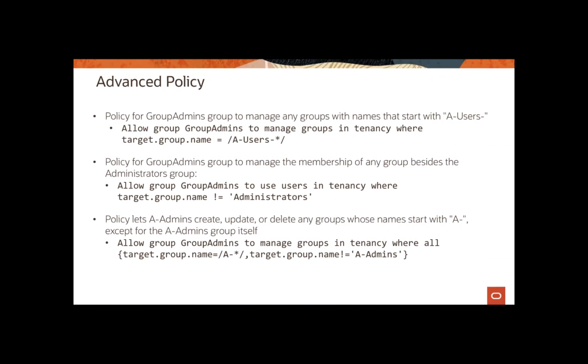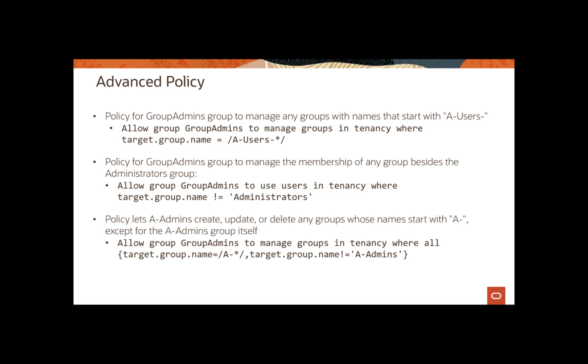So you can look at some more examples quickly. The first example is for a group called group admins to manage groups in the tenancy where the target.group.name is the pattern matching of a dash users dash something. So all those groups with this pattern would be where this policy is applicable.